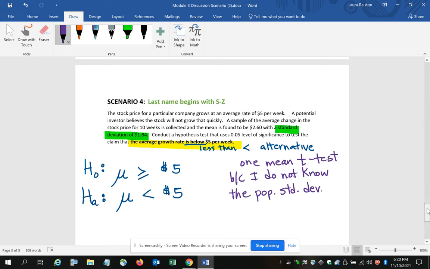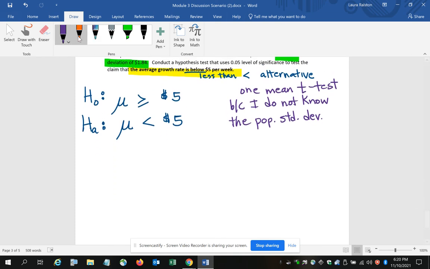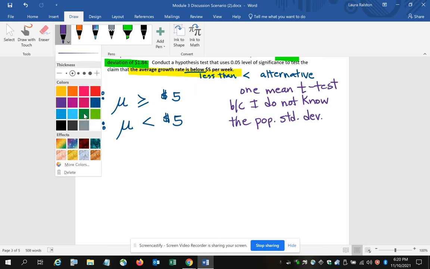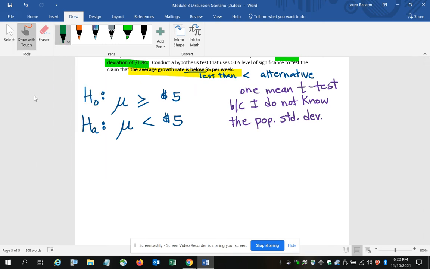So knowing now that I'm going to do a one mean t-test, I need to identify all of my information. I need the population mean, the sample standard deviation, sample mean, sample size, and level of significance.